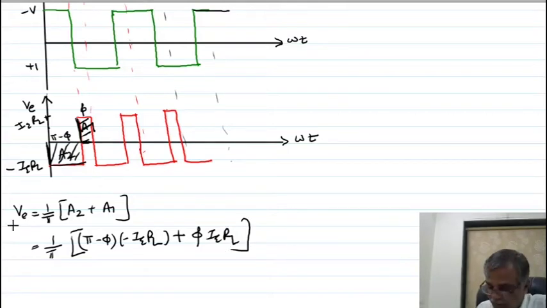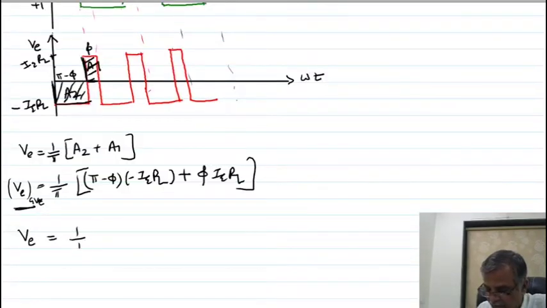The average value of the output of the phase detector can be calculated from the area of the graph. The output voltage is 1 upon pi times minus IRL into pi minus phi, plus IRL into phi.